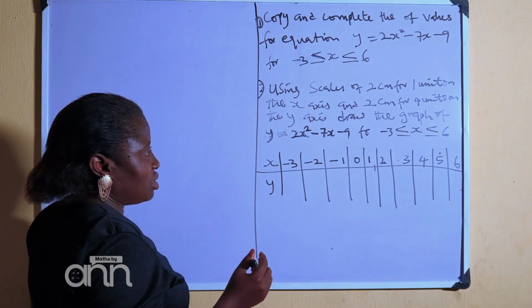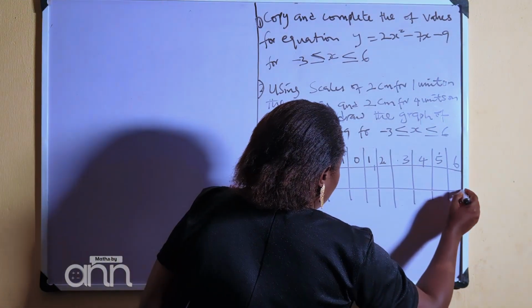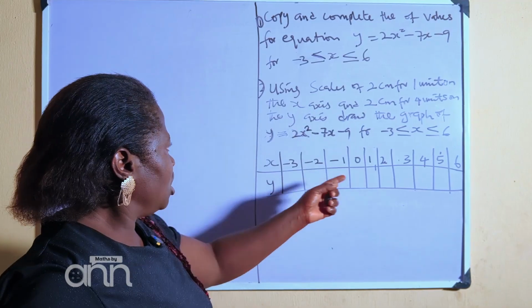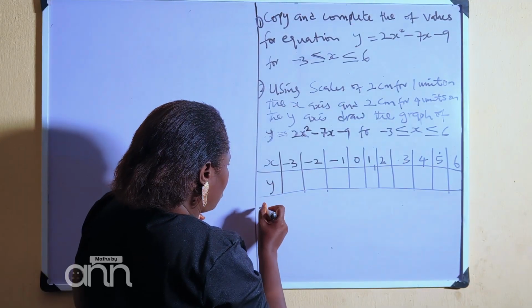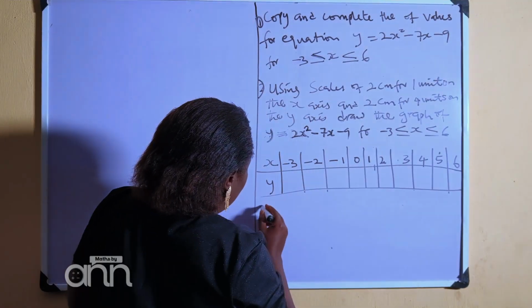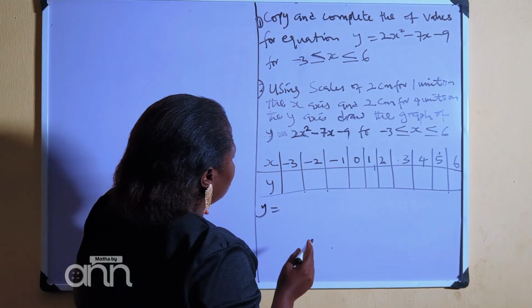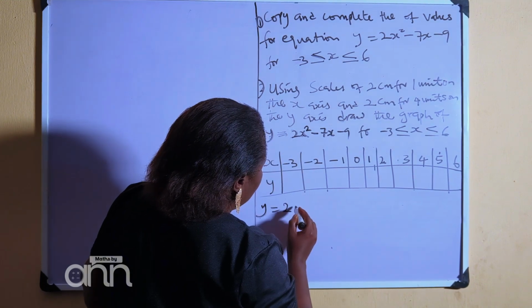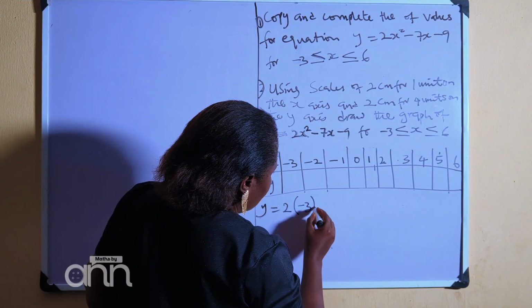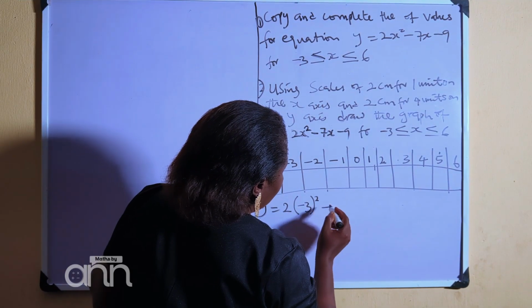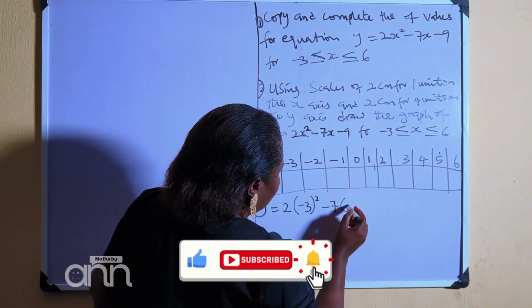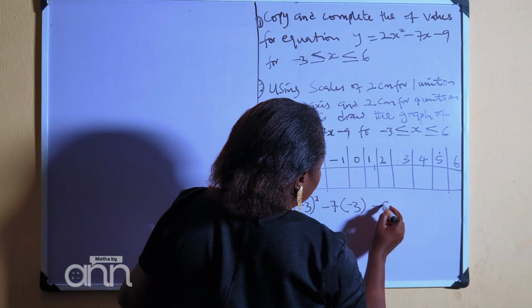Now, let's find the values of y and use it to fill these boxes. y equals 2 into x squared, that is minus 3 raised to power 2, minus 7 into minus 3, minus 9.